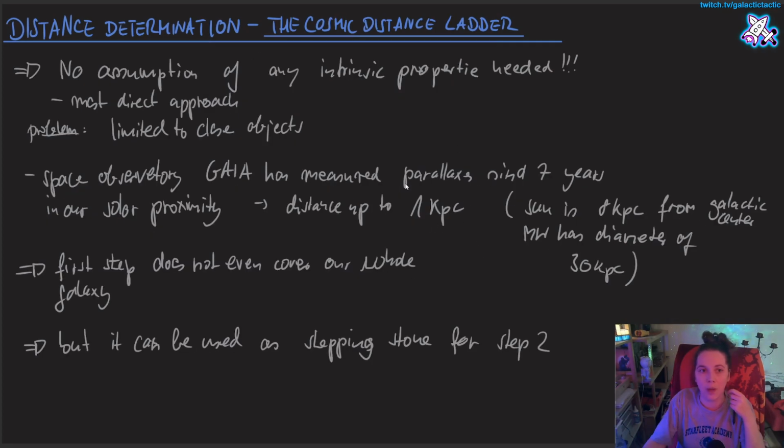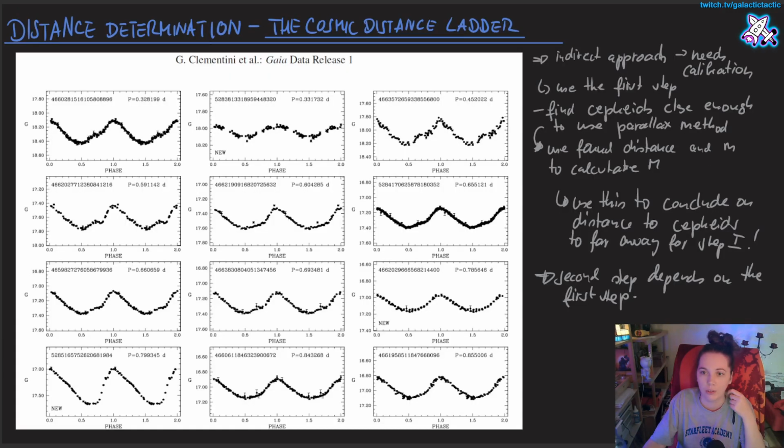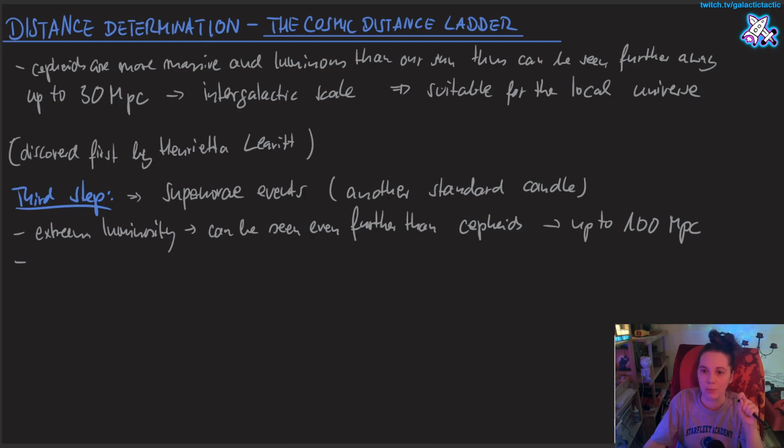We went from 1 kiloparsec for the first step to 30 megaparsec for the second step, up to 100 megaparsec for the third step. So that's a big increase in distance, right? Because of their mechanism, they also have an intrinsic physical luminosity, and can be used on the cosmological scale because they can be seen so far away, right? And this is another indirect approach.